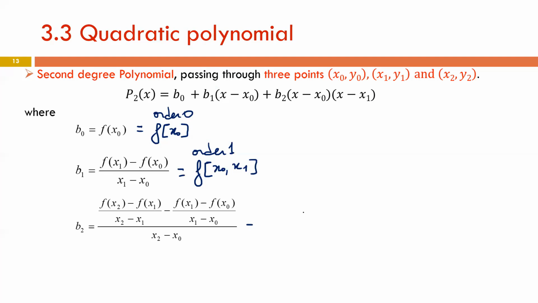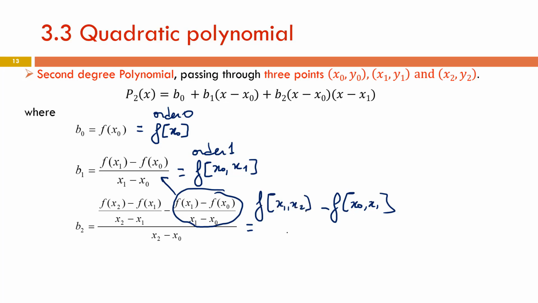And here we can say that b2 is this: minus f[x0, x1]. And this is similar to the other one but involves x1 and x2, so this is f[x1, x2], divided by x2 minus x0, and this will be the divided difference of order 2.